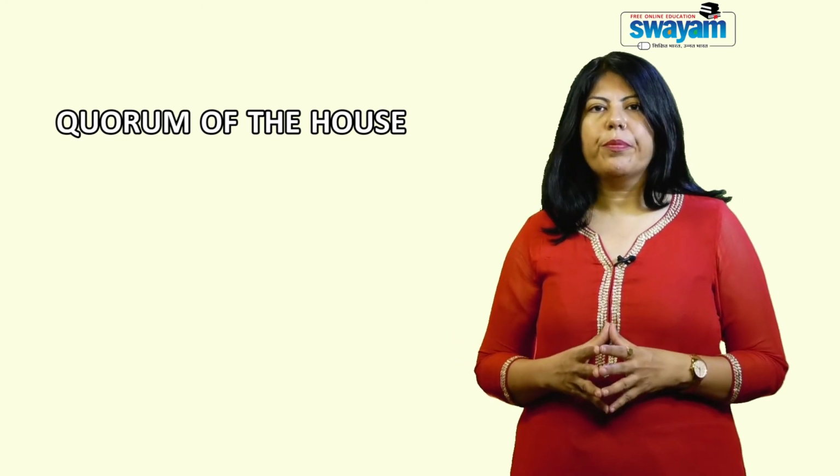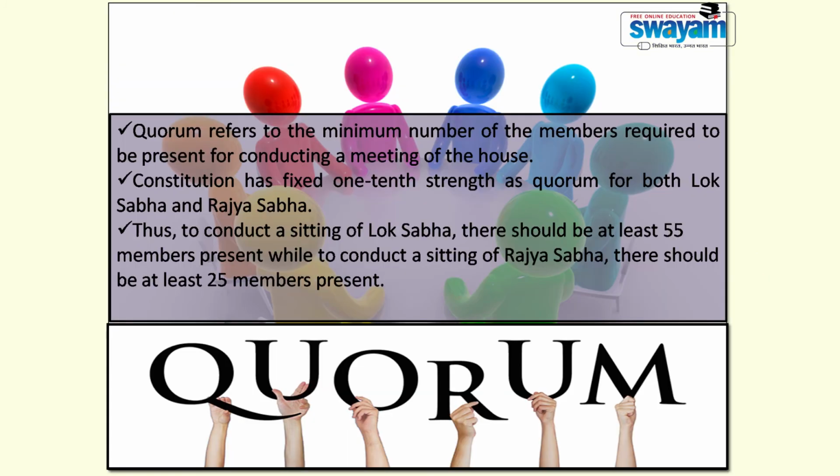The quorum of the House is 1/10 of the total number of the membership of the House. In case the quorum is not there, then it is the duty of the Speaker or the Chairman either to adjourn the House or to suspend the sitting of the House until there is a quorum.